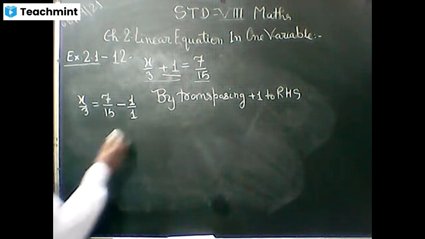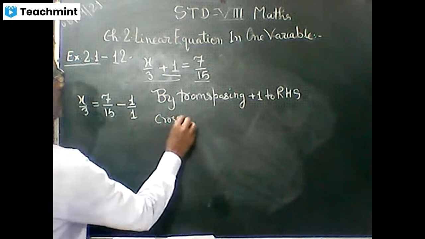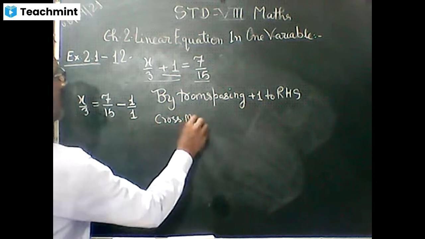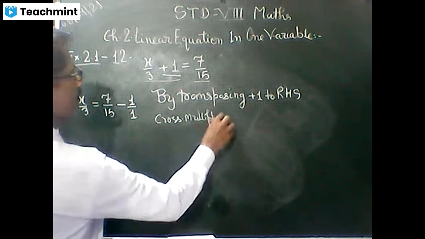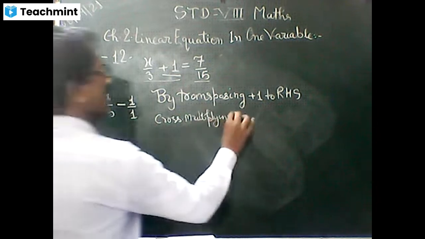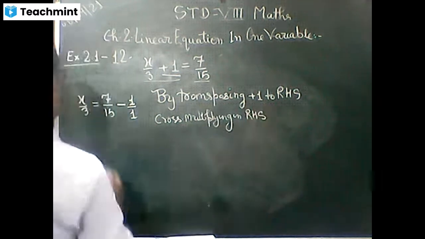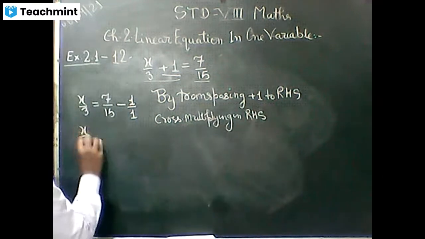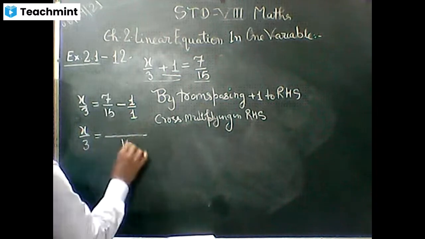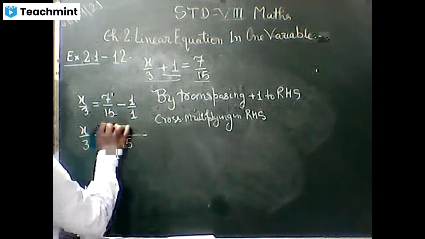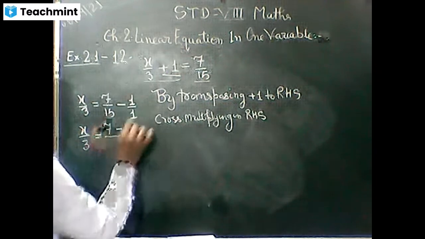And then we have to solve it by cross multiplying on the right hand side. So x by 3 equals 15 ones are 15, 7 ones are 7, minus 15 ones are 15.